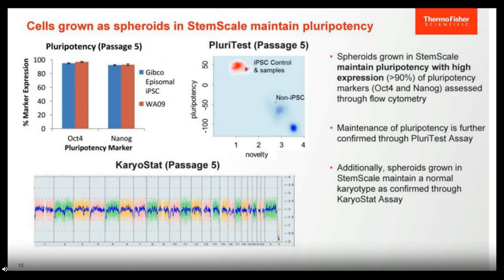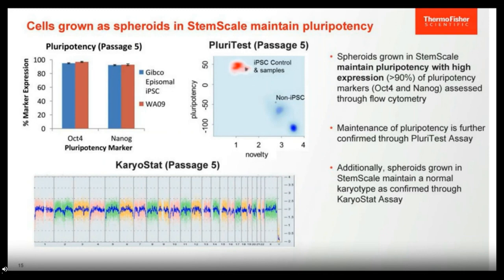We further confirm this through the use of our PluriTest assay, indicating that cells from our 3D spheroids all remain pluripotent and distinct from non-iPSC controls. And we also confirmed that these cells obtained after 5 passages maintain a normal karyotype as assessed through the KaryoStat assay. There were no chromosomal aberrations detected after 5 passages in suspension. So together, this shows that StemScale can both enhance fold change and maintain the pluripotency of cells grown as spheroids.